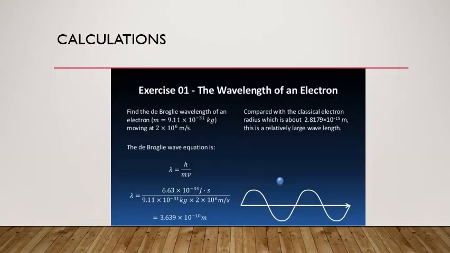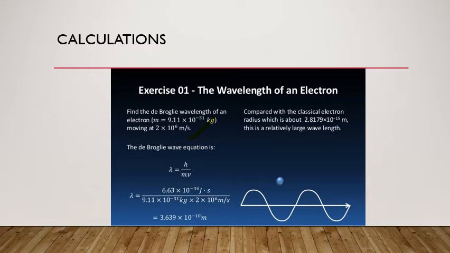So by using the equation, we can calculate the wavelength. Find the de Broglie wavelength of an electron having a mass of 9.11 times 10 to the power minus 31 kg moving at 2 times 10 to the power 6 meters per second. Using the de Broglie equation, we substitute the value of h. We have the mass and the velocity given.